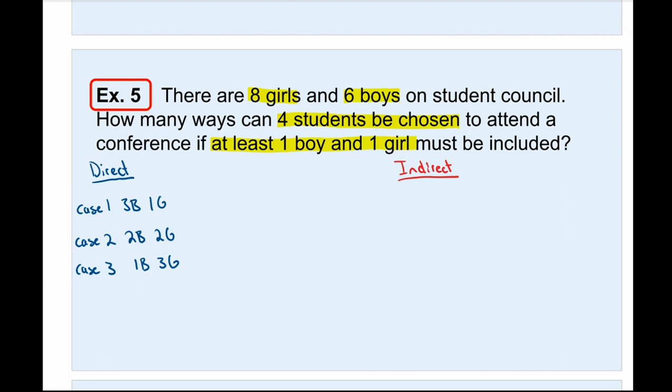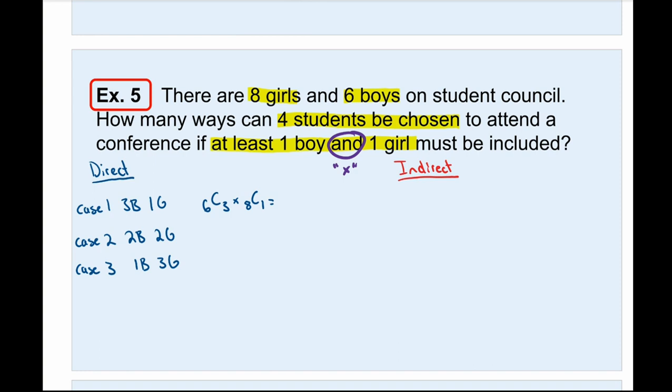So in this case, for 3 boys, I have 6 boys choosing 3 of them, multiplied by 8 girls choosing 1 of them. And again, the reason that I'm multiplying is that "and" here is telling me to multiply.